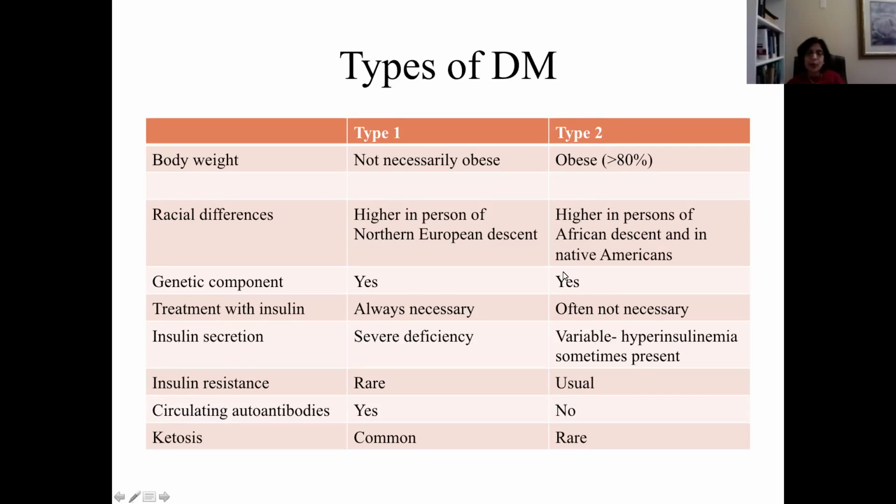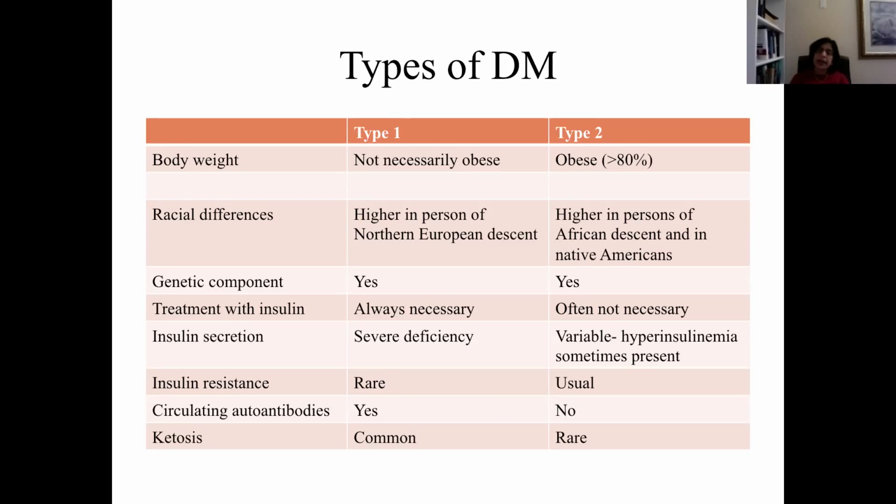And type 1 is more common in people of Northern European descent, whereas type 2 is more common in people of African descent and among Native Americans. Both type 1 and type 2 have a genetic component related to the disease.